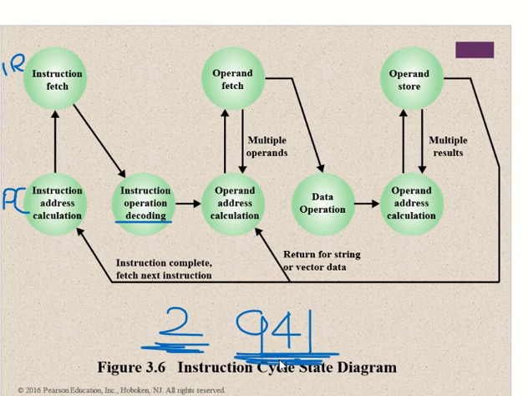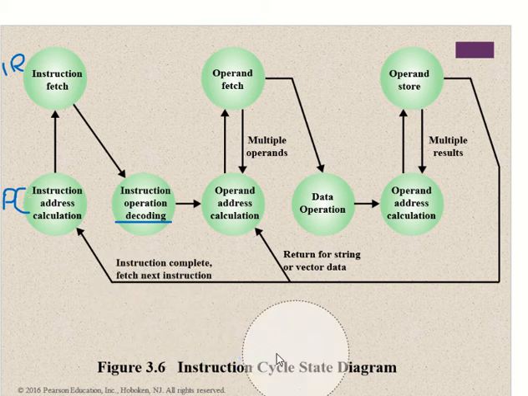So this is what you call decoding the instruction, instruction operation decode. You split the instruction and try to understand the operation. So 2 means the operation is, for example, storing: store AC to memory. That is the meaning of 2.